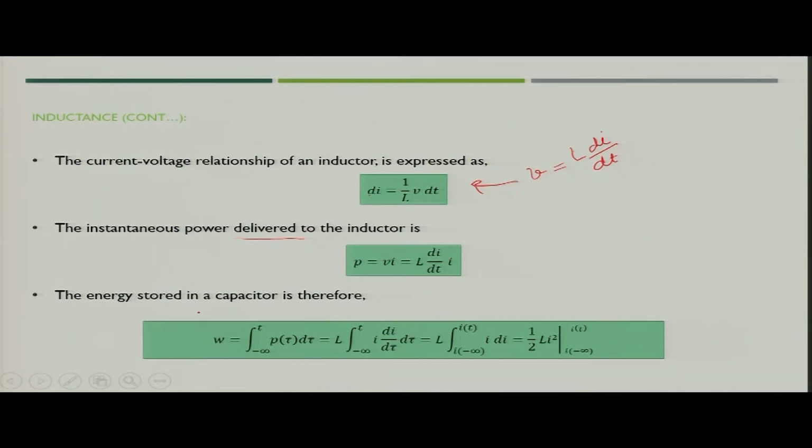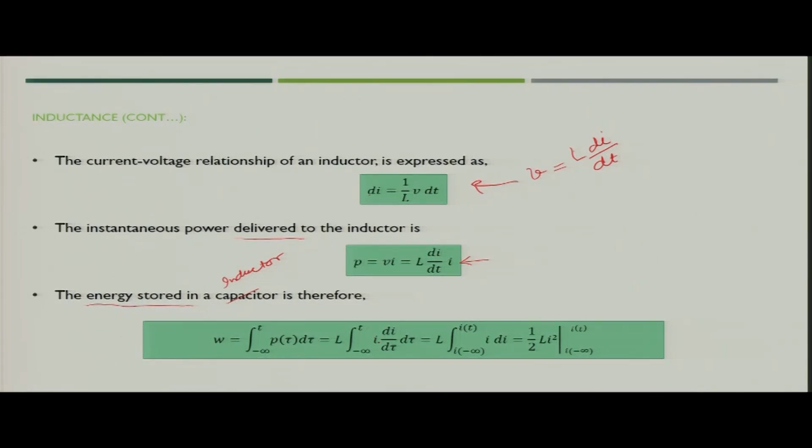So, if you are asked to find out how much energy has been stored in an inductor, so it is inductor, not capacitor. W is nothing but the integral from minus infinity to t of p of tau d tau, because let us say we are trying to find out the value of energy stored at time t. You replace the value of p from here.